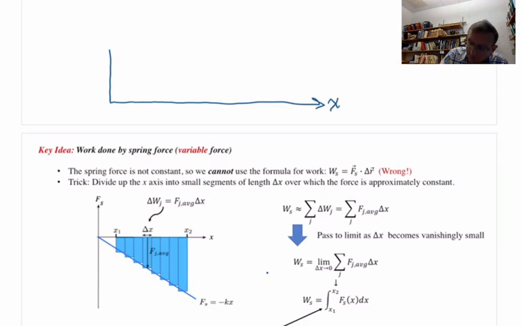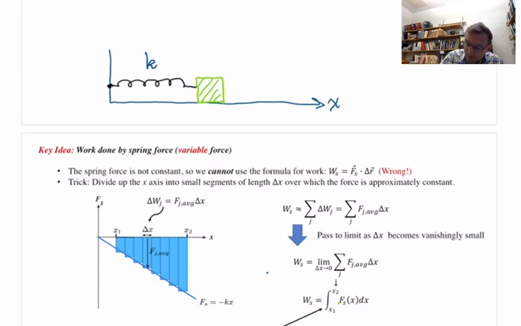And we've got a spring. One end is tied to this wall, and then the other end is tied to some kind of a block, which we just call a particle, like that. And the spring has what's called a spring constant, little k, in Newton per meter, which tells you how stiff the spring is, how hard it is to stretch or compress it.